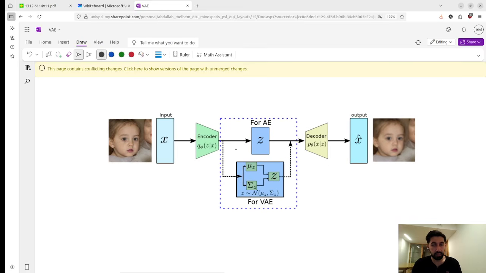What happens is that the encoder network doesn't output a variable Z. It outputs two things. It outputs the mean, because I said Z follows a normal distribution of mean mu and standard deviation sigma. So for every input x, the encoder should output the mean and the standard deviation. All right.